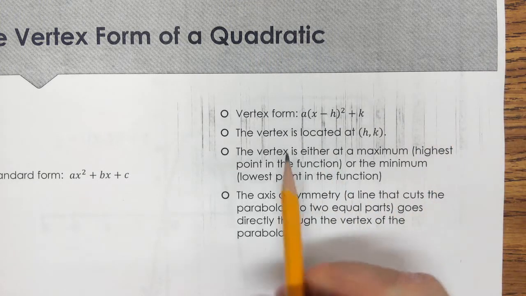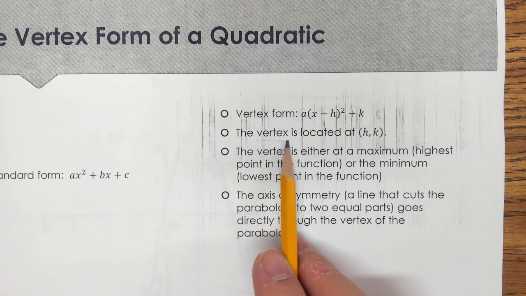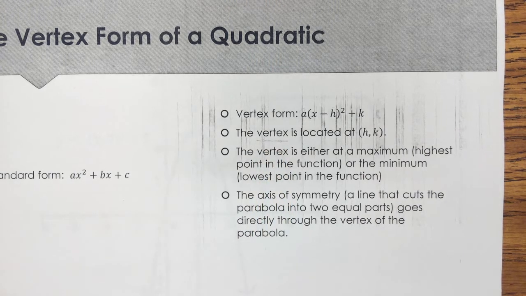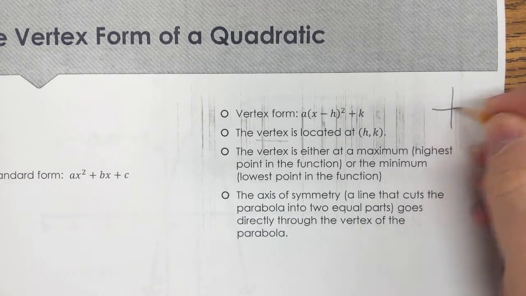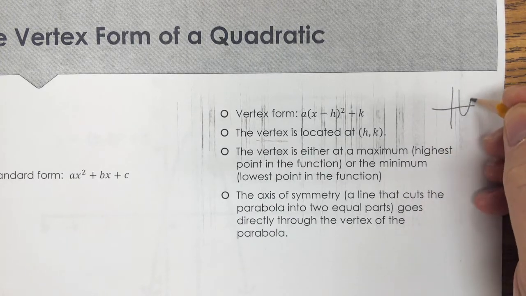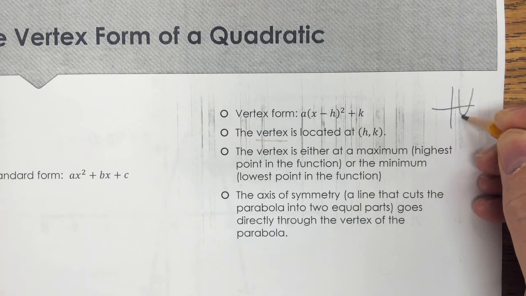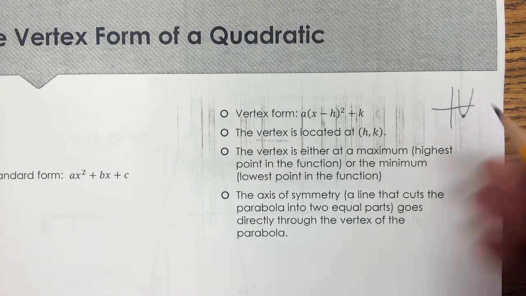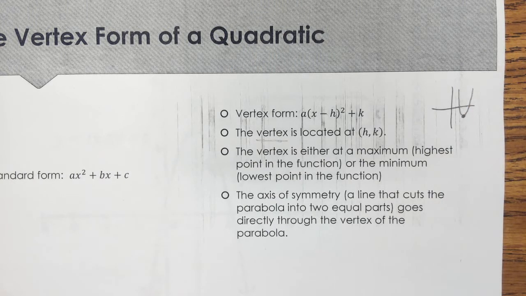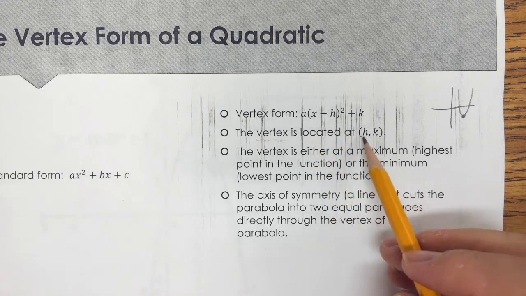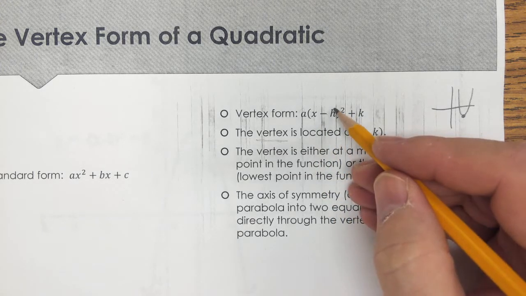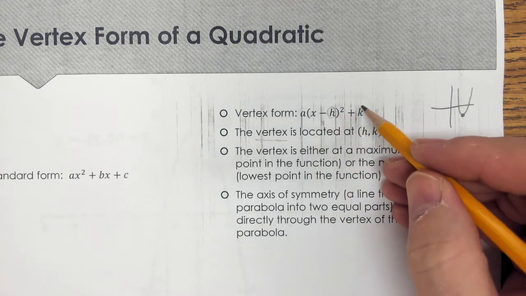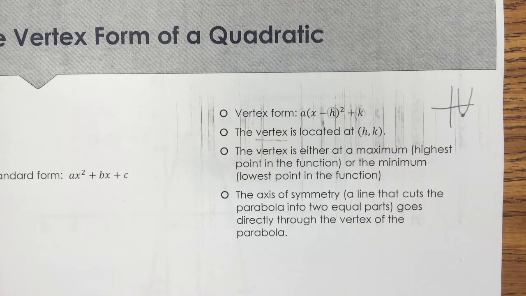Okay. So then I have something here called the vertex. I'm sure that you guys have heard that before. So the vertex is like if you have a parabola, the vertex is like the tip of the parabola, or the top or the bottom of the parabola, however you want to think about it. And that vertex is located at whatever this h value is and whatever this k value is.